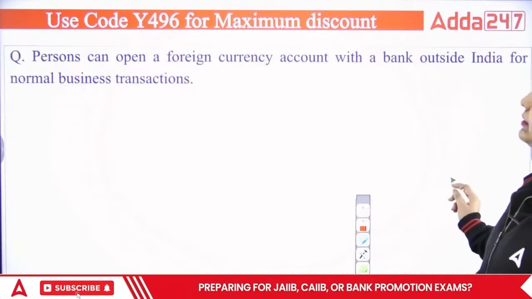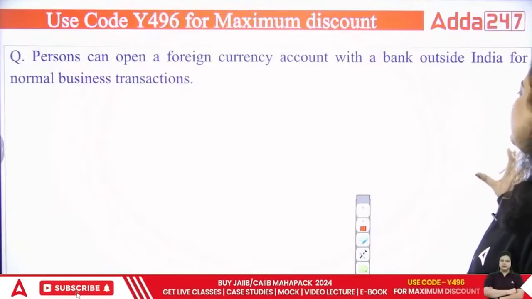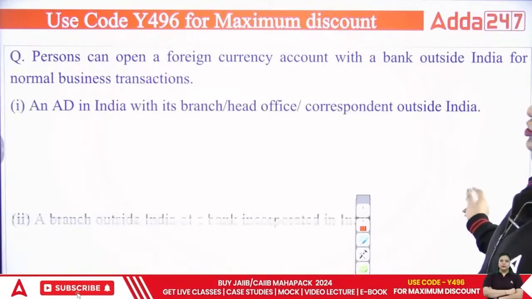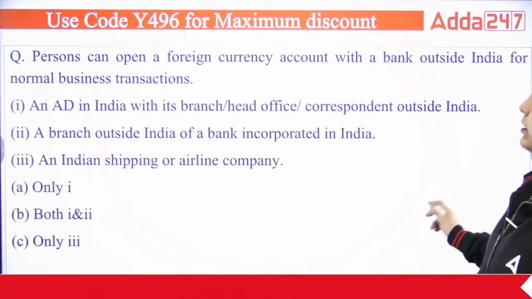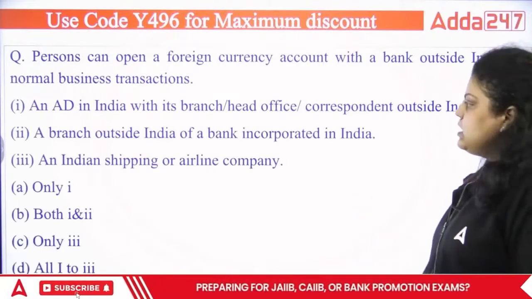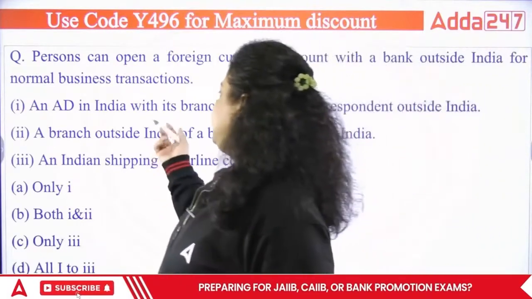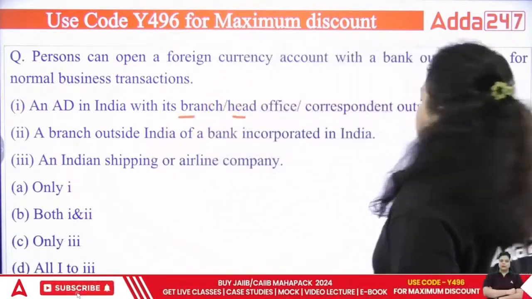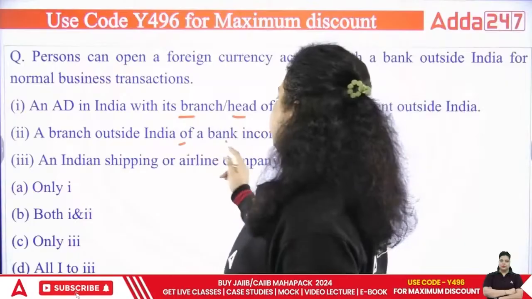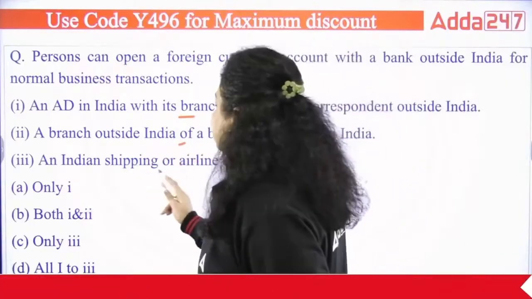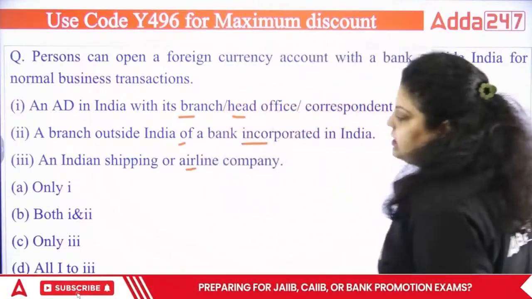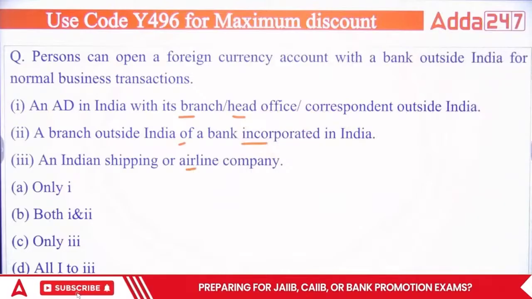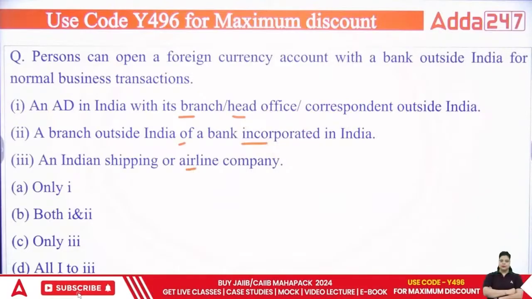Next we have: which person can open a foreign currency account with a bank outside India for normal business transactions? These are the statements in front of you. First, an authorized dealer in India with its branch, head office, correspondent outside India. Second, a branch outside India of a bank incorporated in India. Third, an Indian shipping or airline company. The options are only 1, both 1 and 2, only 3, all 1 to 3.